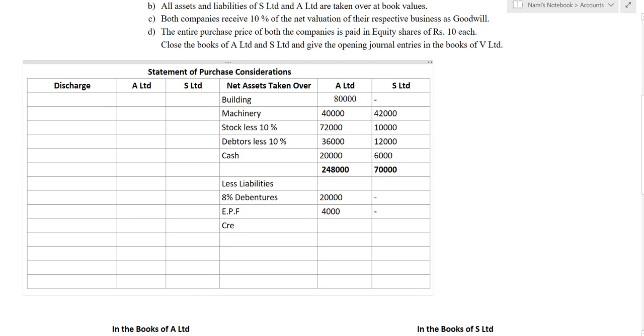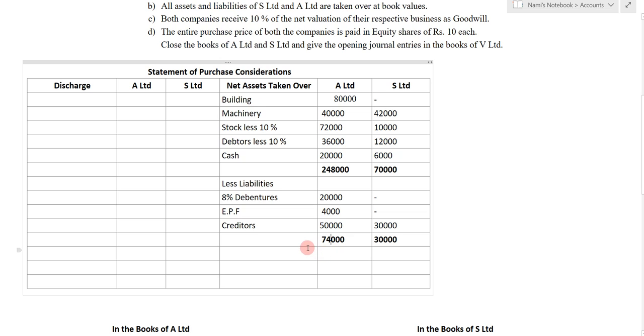Creditors 50,000 and S Limited 30,000. So now total liabilities of S Limited becomes 30,000 and total liabilities of A Limited is 74,000. So this is the total of liabilities.